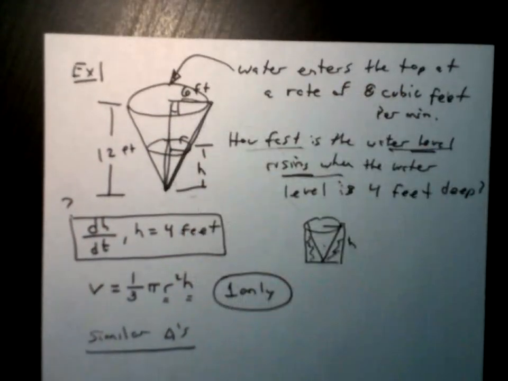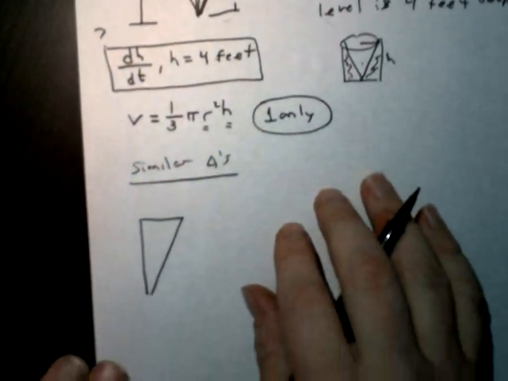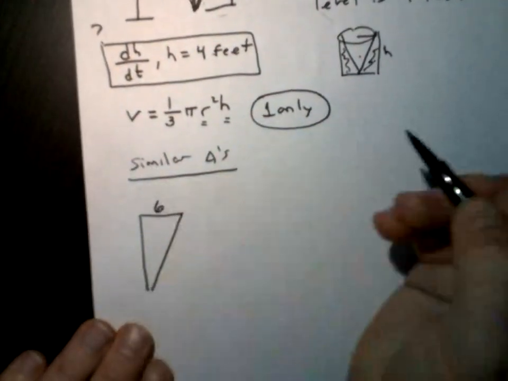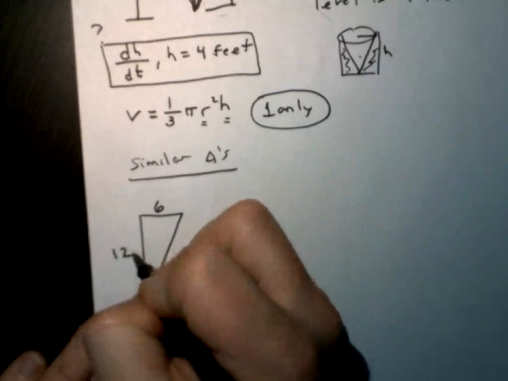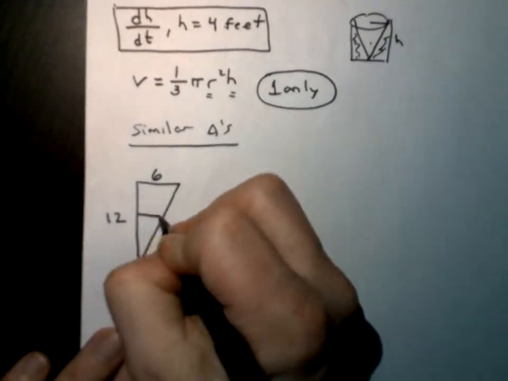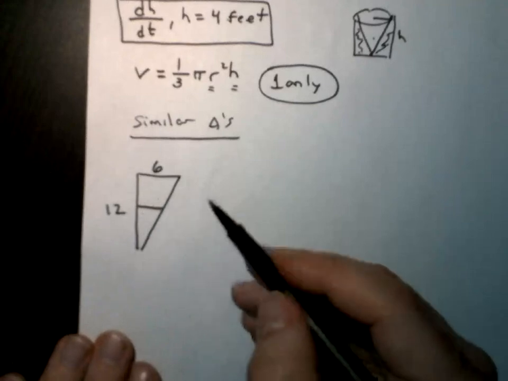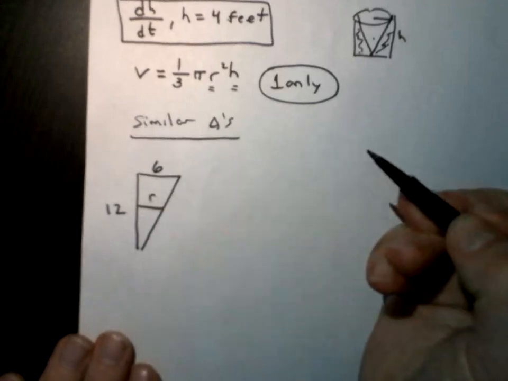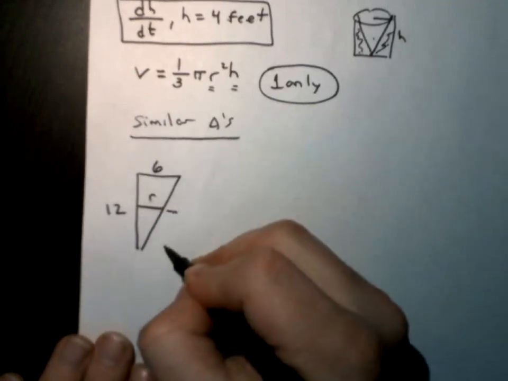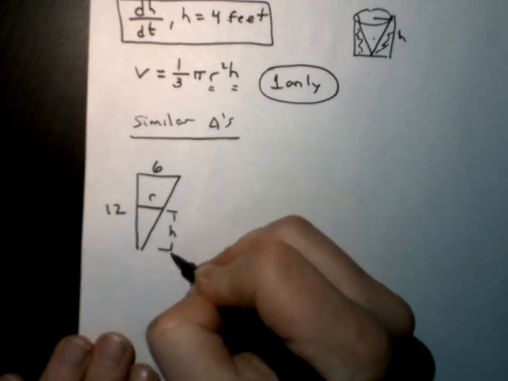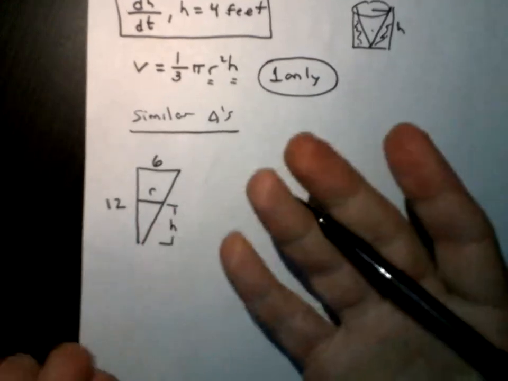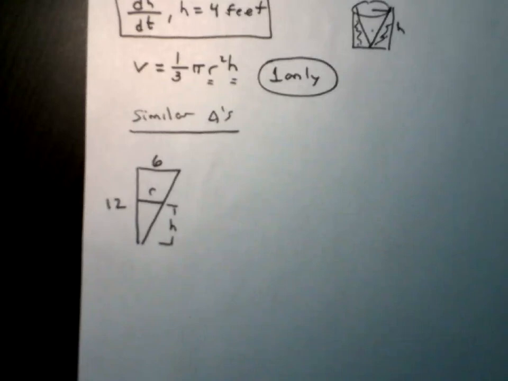I know that this is 6. I know that this is 12. If I cut this, not in half, it doesn't have to be in half, well, that's still an R. And by the way, this is that height that it's filling up. So there's your similar triangles.